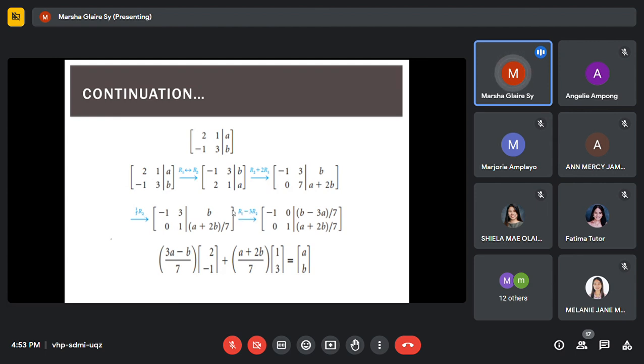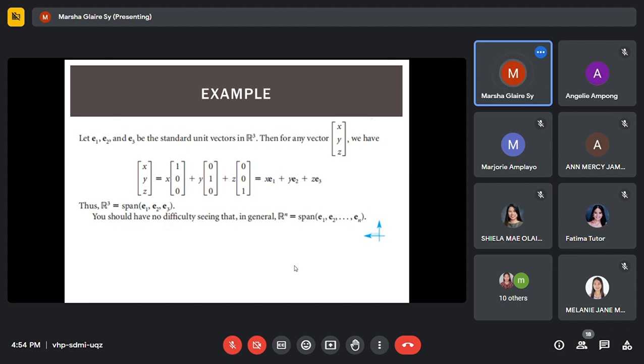And then we have row 1 minus 3 row 2. So we have here [-1 0 | ...; 0 1 | ...], with (b - 3a)/7 and (a + 2b)/7. So we have here the result: x(2, -1) plus y(1, 3), with x = (3a - b)/7 and y = (a + 2b)/7, which is equal to (a, b).